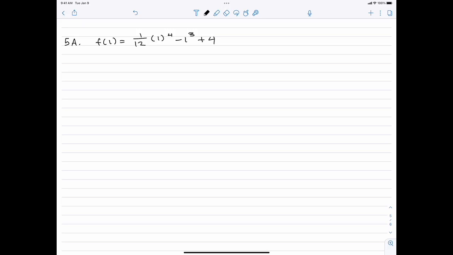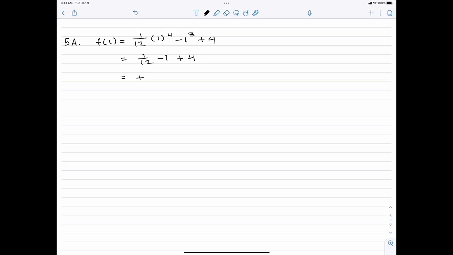That's going to be a positive number. I don't know what that number is, but this is 1/12 minus 1 plus 4. That's a positive number. All I really care is that it's positive, and we'll see why in just a second.